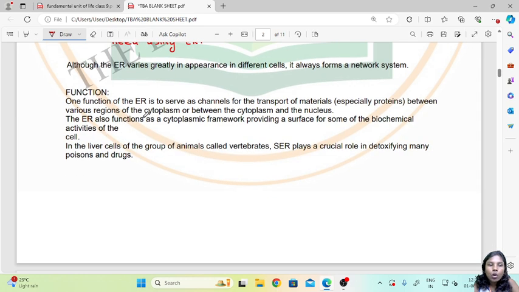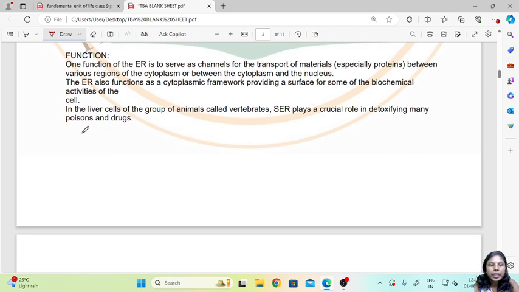The ER also functions as a cytoplasmic framework, providing a surface for some of the biochemical activities of the cell. So it acts as a cytoplasmic framework wherein it provides a surface for many of the biochemical activities that take place in the cell. In the liver cells of the group of animals called vertebrates, smooth endoplasmic reticulum plays a crucial role in detoxifying many poisons and drugs.